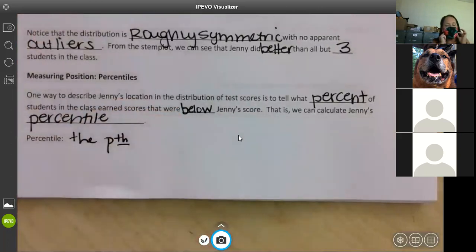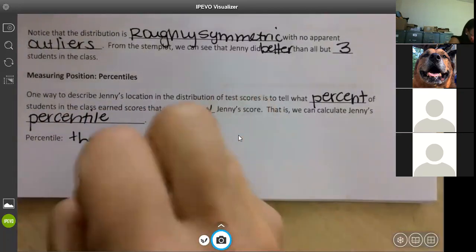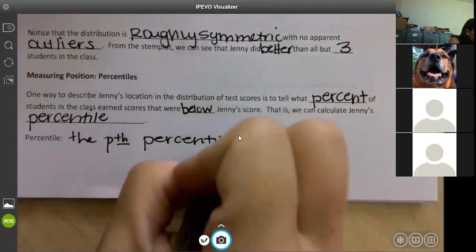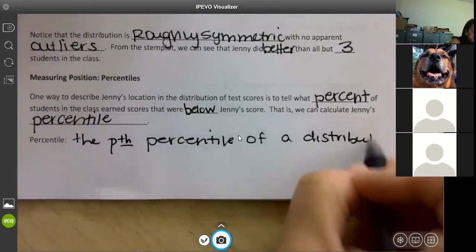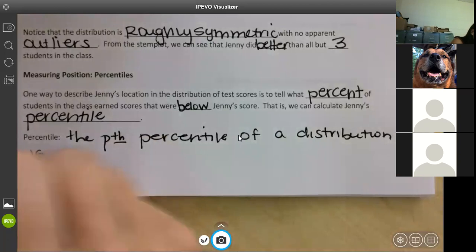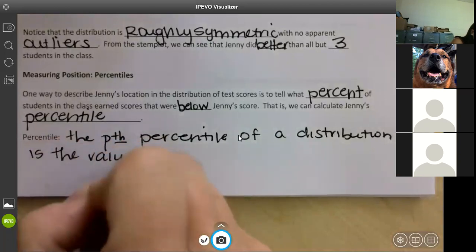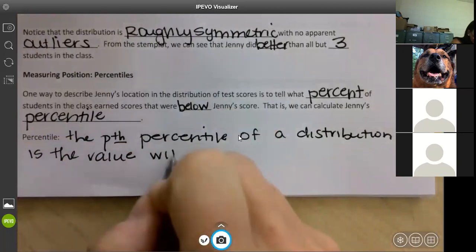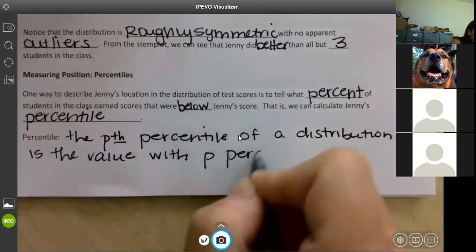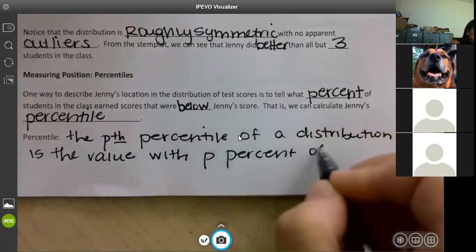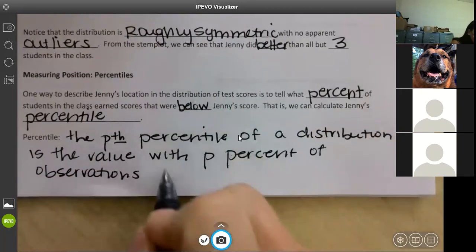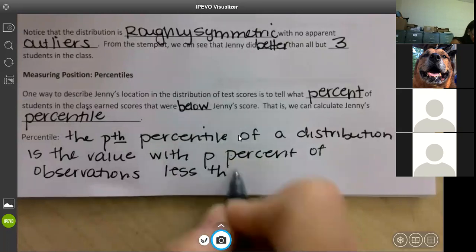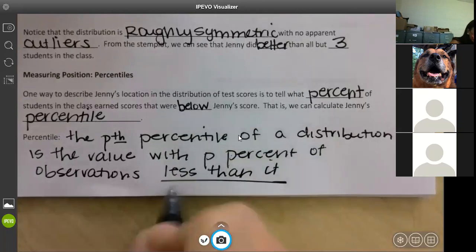The pth percentile, just like nth, I guess they use p for percentile, of a distribution is the value with p% of observations less than it.